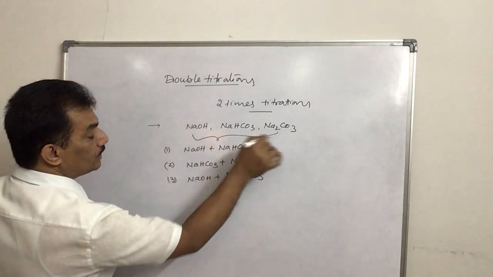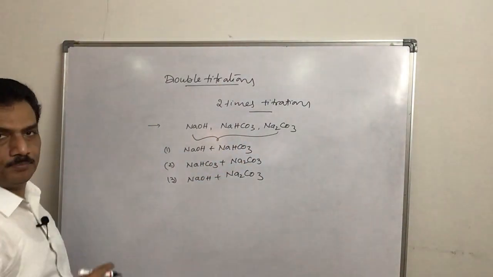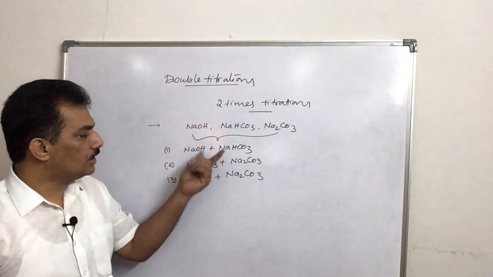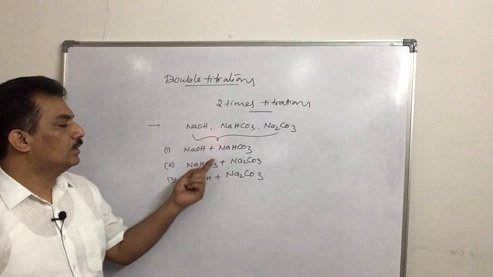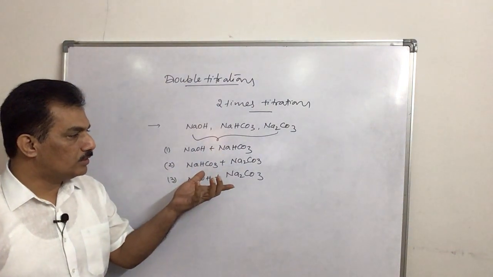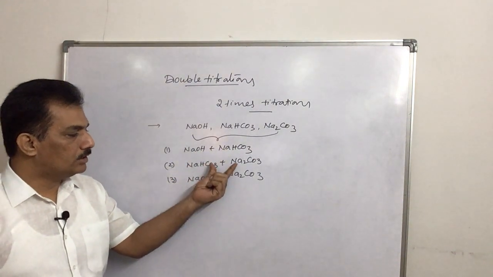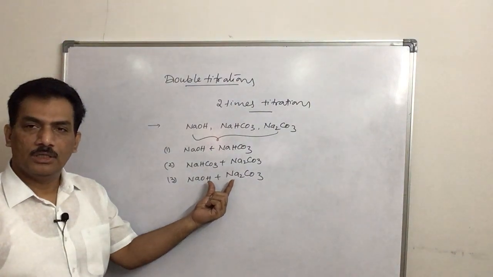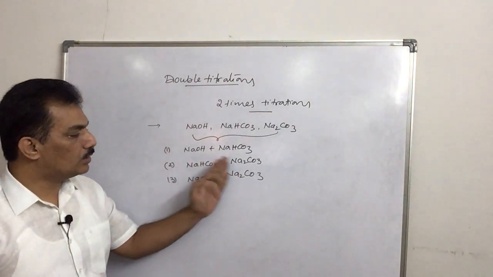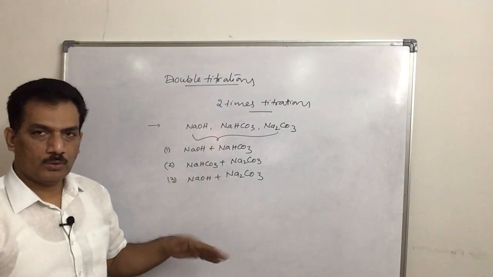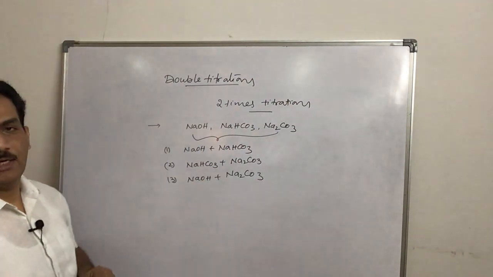So any two of these three combinations will appear like this, is it not? So if in any mixture solution these two, or these two, or these two are present, then to find out the percentage of any of these two components in the total mixture, we are using double titrations.